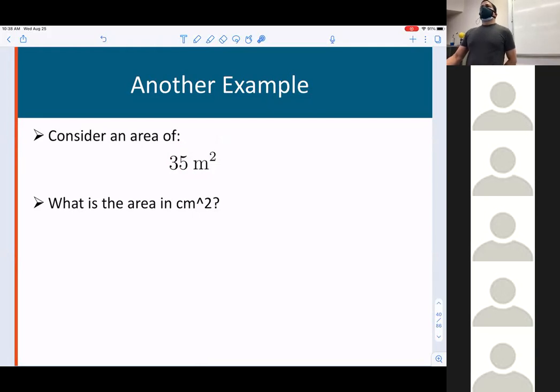And my hint here is that a meter squared, you should think of that as a meter times a meter. And you're trying to convert each meter factor to centimeters. And keep in mind that 1 meter is equal to 100 centimeters.